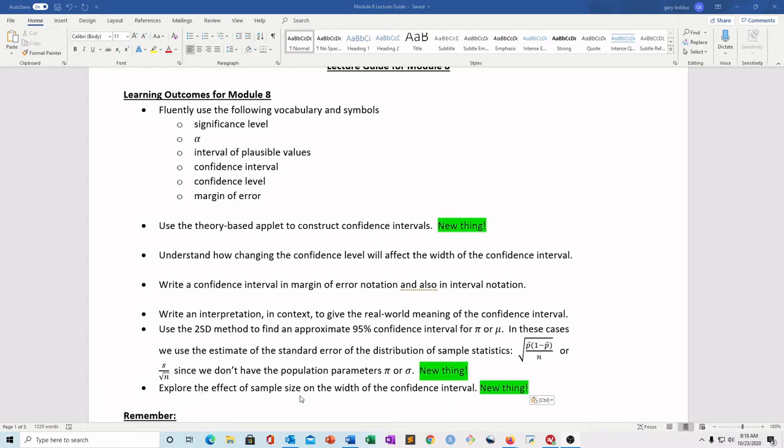And then we're going to see how the sample size, n, remember, that's our symbol for sample size, will affect the width of the confidence interval. Okay, so we'll get to see how we can control the width of the interval, at least in terms of trying to make it bigger or smaller, by changing the sample size.